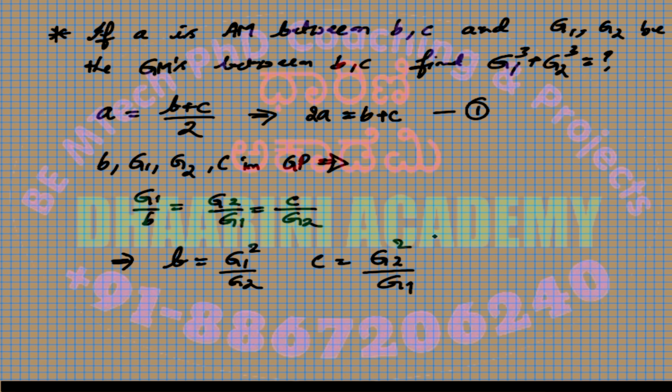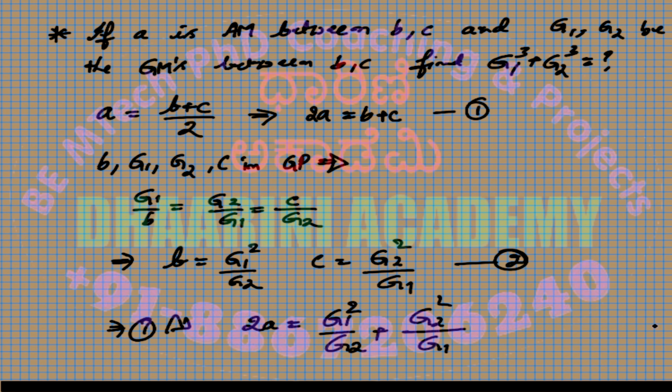All right. Now, our intention is to find the G1 cube plus G2 cube. If I add B and C, I'll try to get that. So let's come back to equation number 1. I'll call this equation 2. Put 2 in 1. I'm going to get 2A is equal to B plus C, but B is equal to G1 square by G2 plus G2 square divided by G1.